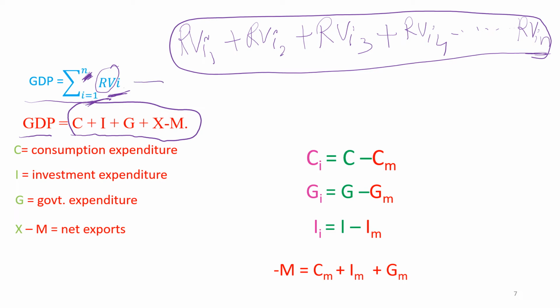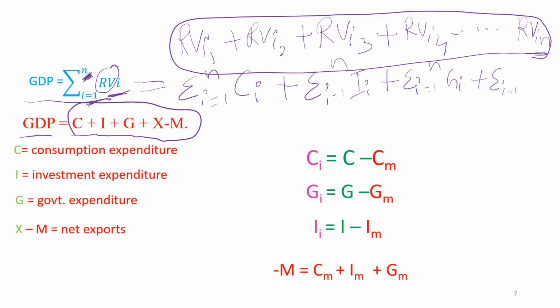And we know, as we already discussed, this is equal to sigma i equal to 1 to N of all firms who receive consumption expenditure, plus sigma i equal to 1 to N, all the firms from the first firm to the Nth firm, who receive investment expenditure, and summation i equal to 1 to N of government expenditure, plus sigma i equal to 1 to N, all N number of firms who earn export revenue.